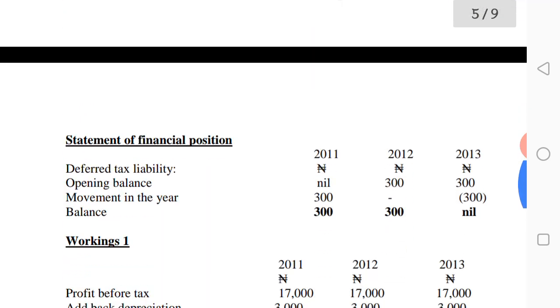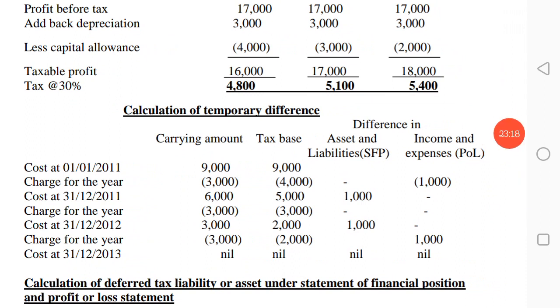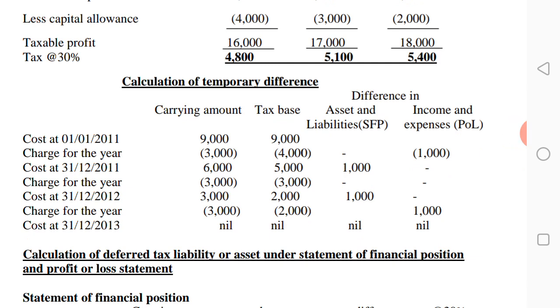So let's look at the calculation of temporary difference. We must calculate the temporary difference. This temporary difference is what we multiply our tax rate on. It will give us our deferred tax asset or deferred tax liability. Now here, the only item that we have of income or profit or loss is our depreciation that will be charged, and our capital allowance.